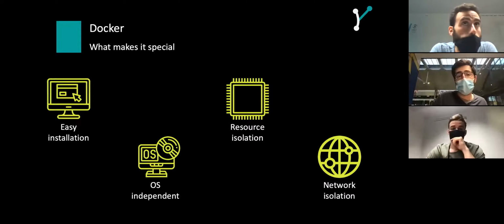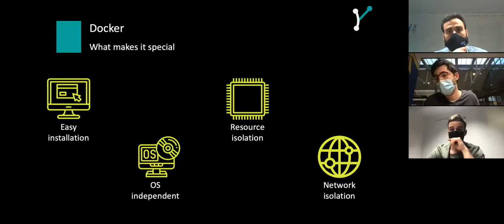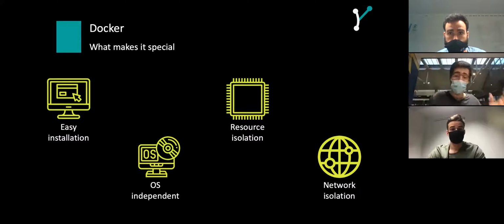What makes it special is that you can easily install it. It runs on most operating systems, like Linux, Mac, Windows. It gives you resource isolation, network isolation, user isolation, all of that. Everything you would get from a container, you get from Docker, because Docker is basically a container technology.